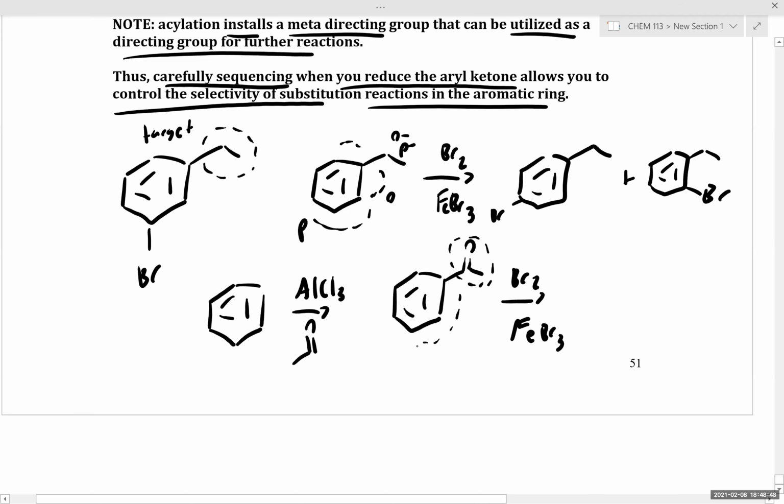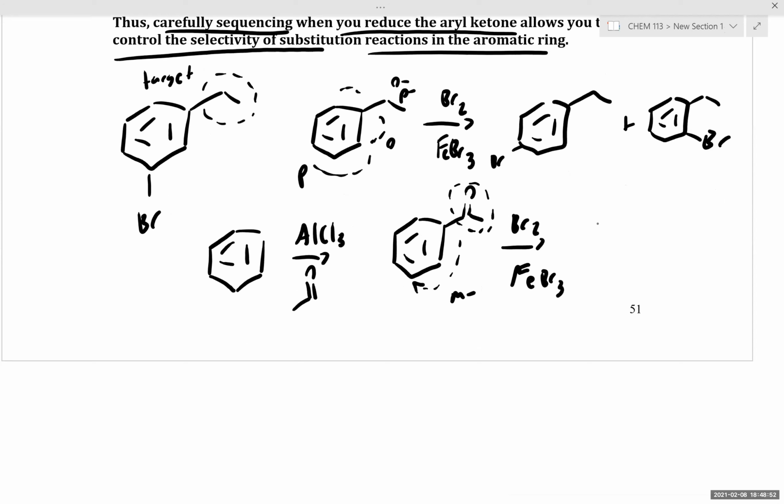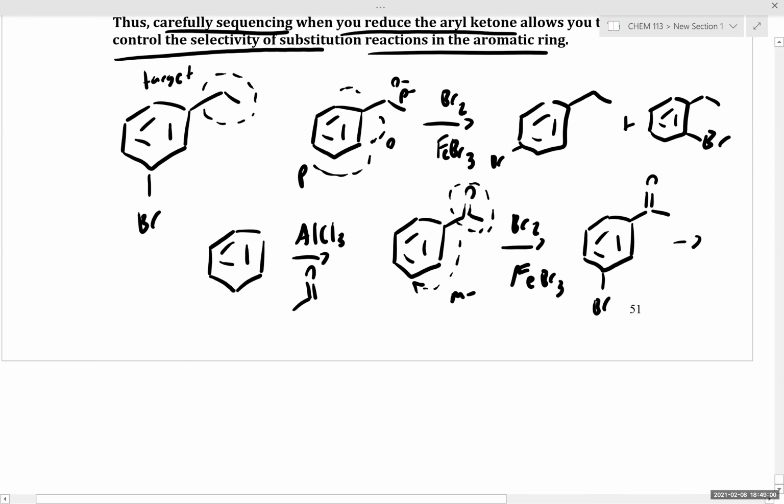Meta, yep. It's a meta-directing group. So even though the alkyl and acyl groups are synthetically interconvertible, they have different directing group properties, and as such, it may be useful to go through the acyl ketone to get meta substitution patterns. Then, of course, you can just reduce off your acyl ketone and you end up with your desired meta disubstituted product.